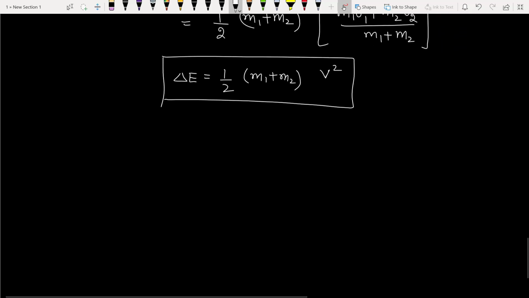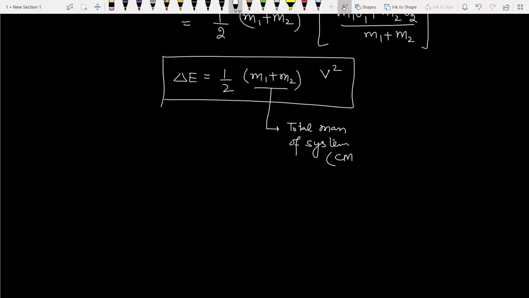What is this? It is the total mass of the system, or the mass of the center of mass, because the center of mass is a point where we suppose a body is placed whose mass is equal to the total mass of the system. V is the velocity of the center of mass.